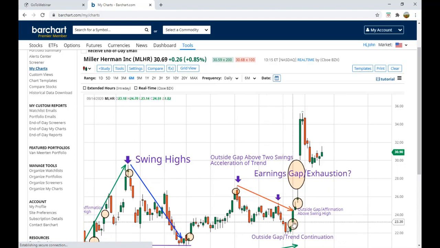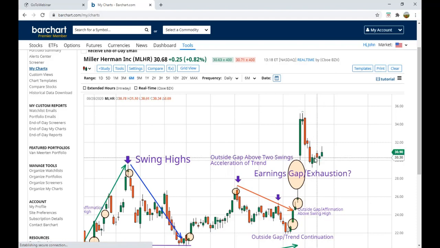Here is that gap that changed our price action. Here's the gap that broke that trend, that affirmed our price action. And then here we see that acceleration, that big price movement. And this could be an exhaustion gap, right? Because price has now retreated from here.